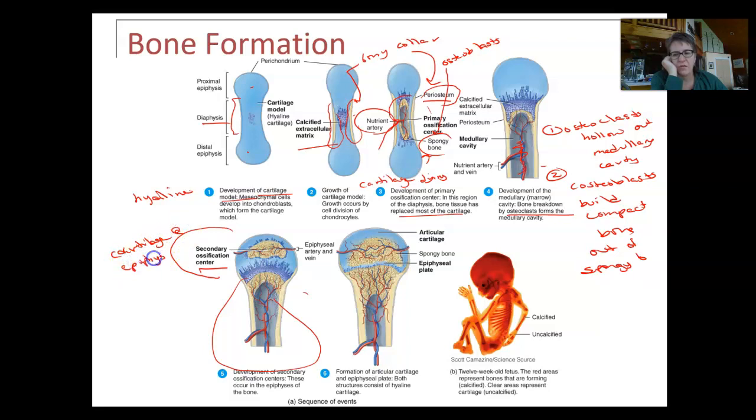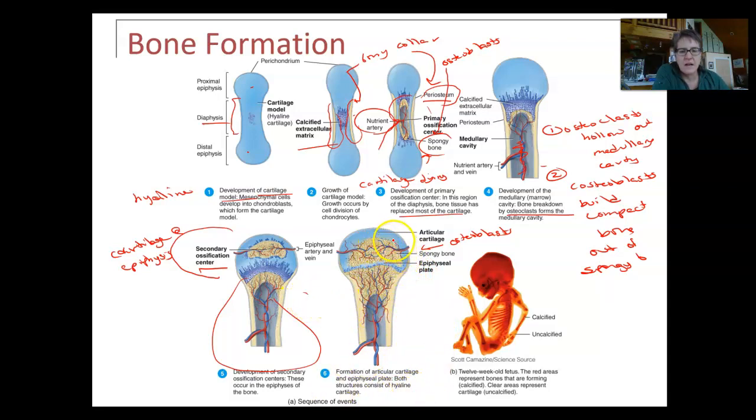will die off in the secondary ossification center, and I will have osteoblasts come down and lay down spongy bone. Wow. So what I have, a couple things, and it's all based on this whole blood supply and the formation of this periosteum.